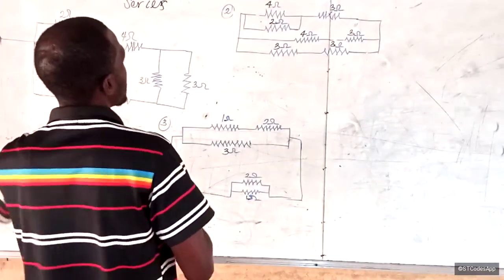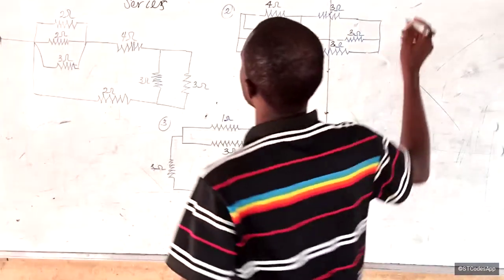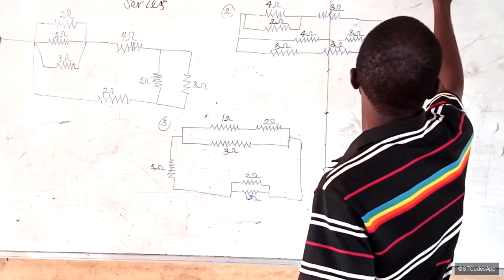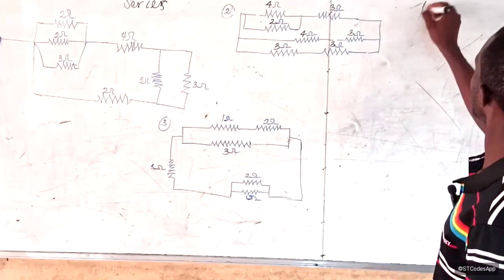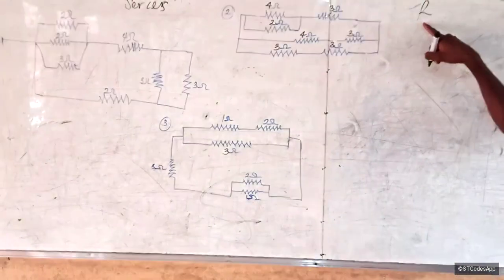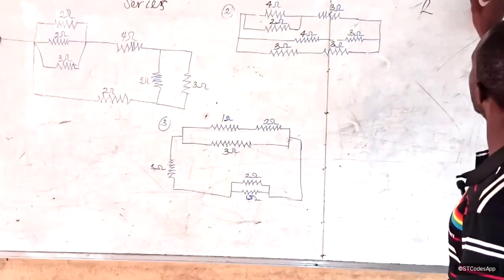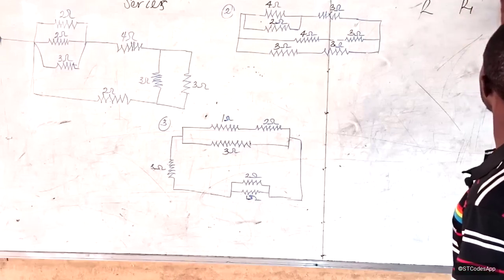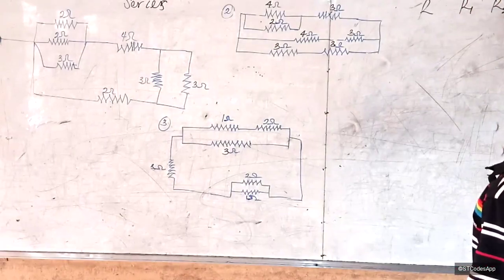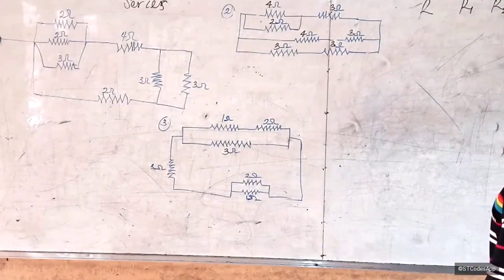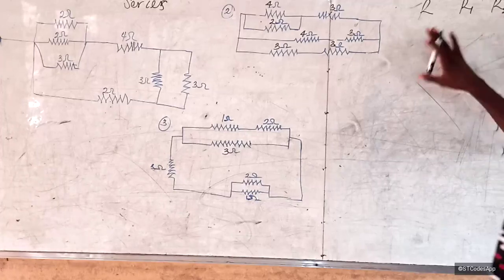When you connect them in parallel, the total resistance is given by 1 over R total equals 1 over R1 plus 1 over R2 plus 1 over R3 plus dot dot dot 1 over Rn, to any number of resistors.